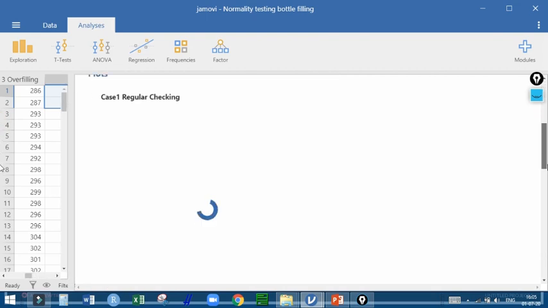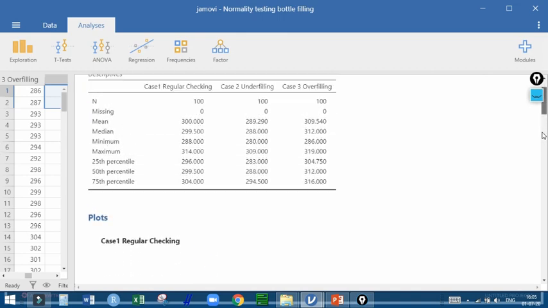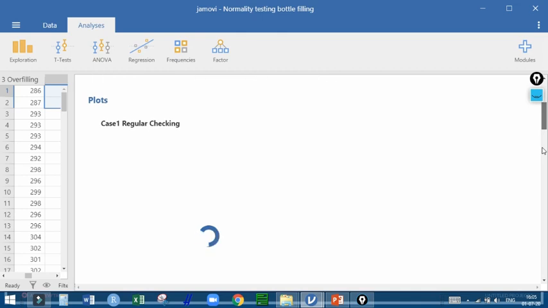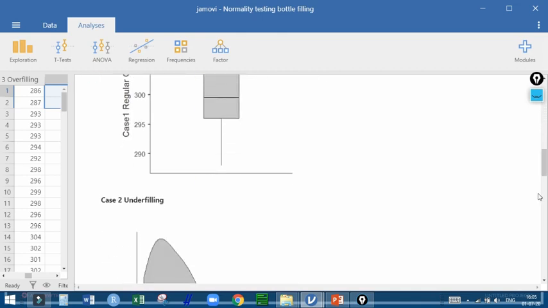Jamovi is preparing the box plot for us. Let's wait. The box plot will be prepared on these five summary data, the minimum and maximum values, and with the fences. Yes, the box plot is ready.